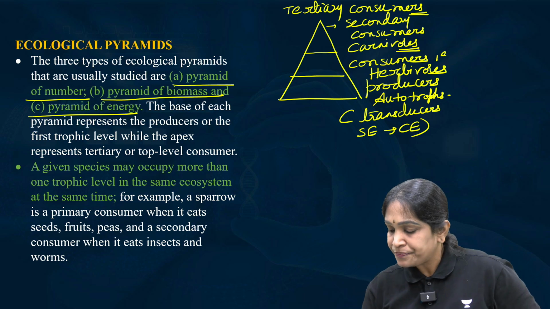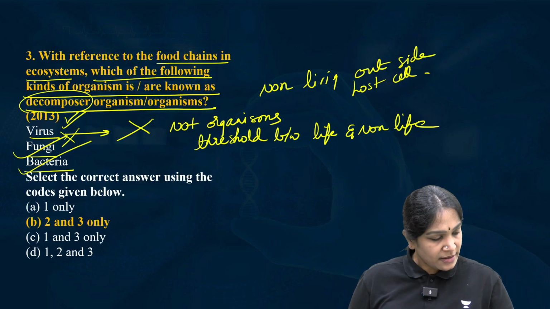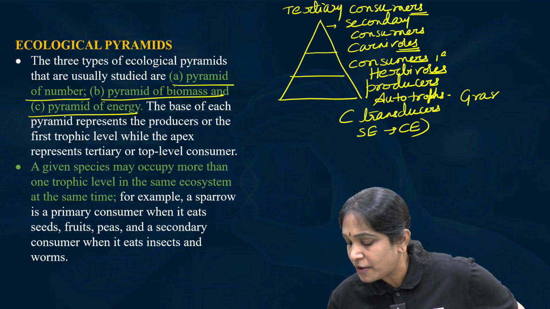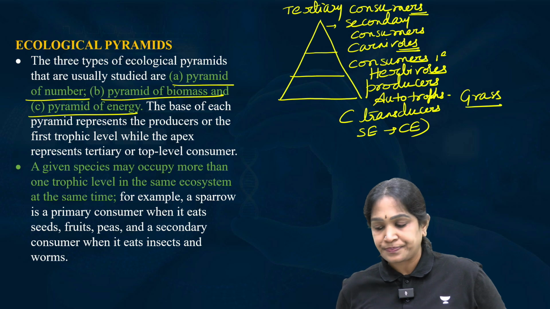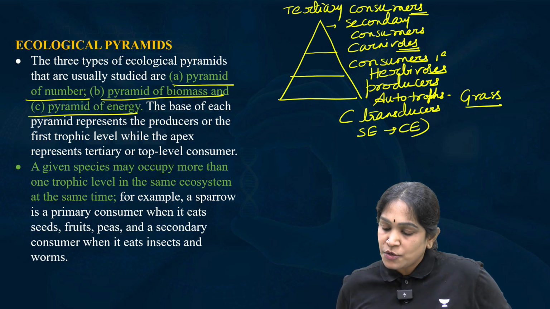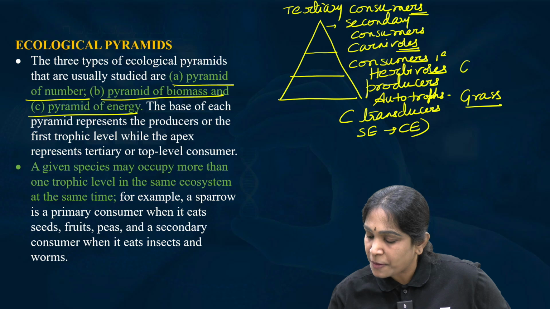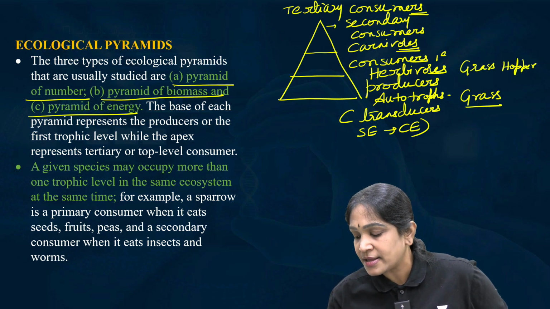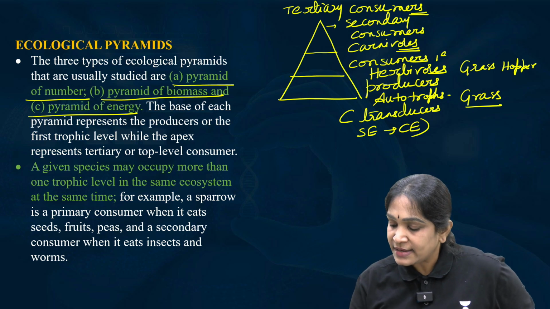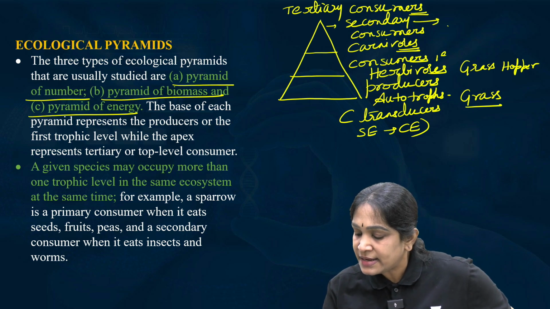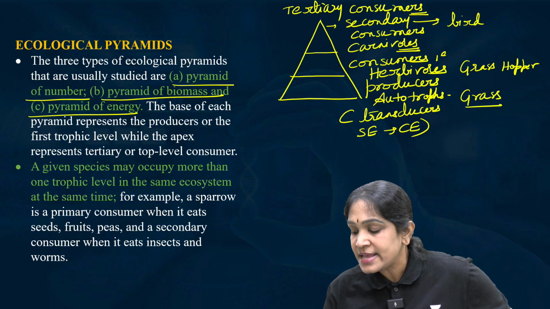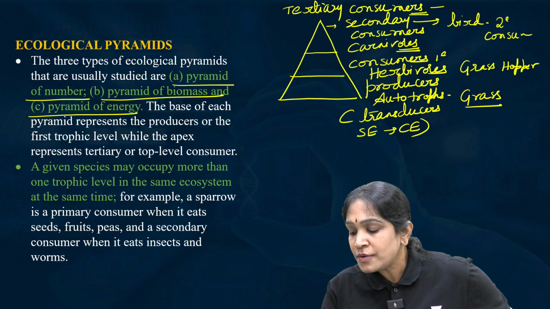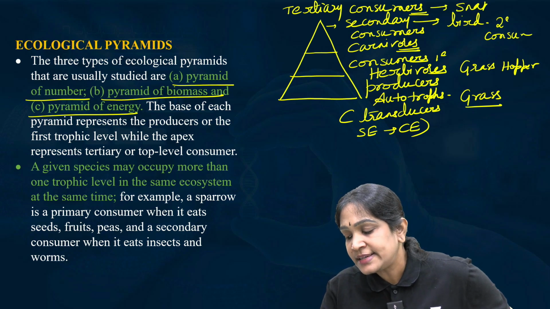For example, if you take producers as grass, then the primary consumer is a grasshopper. And then the bird is the secondary consumer. Then what do you call the snake which is eating the bird?